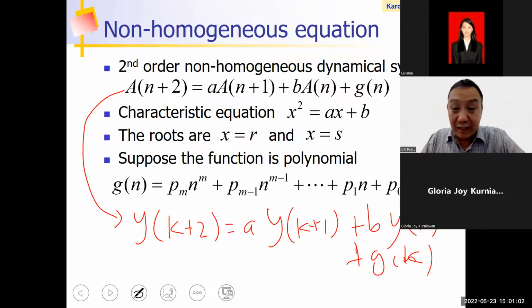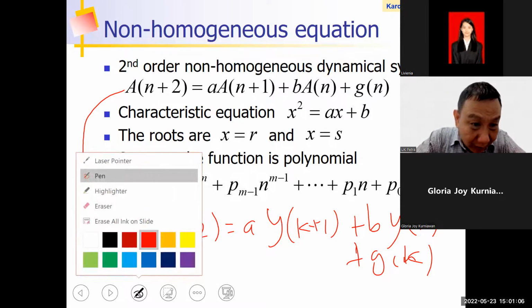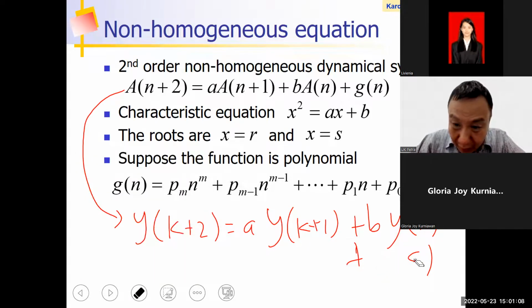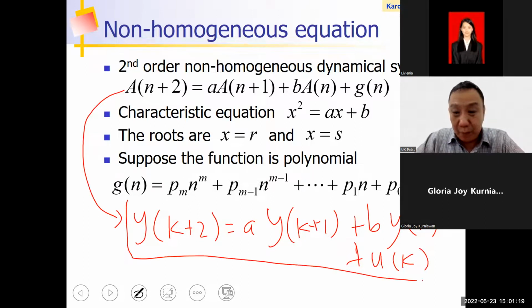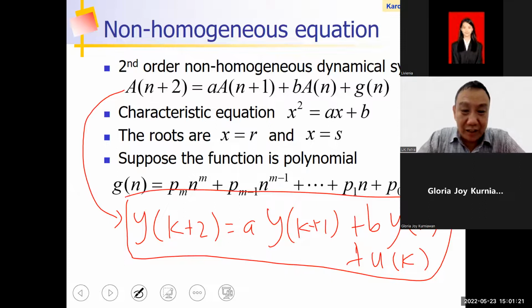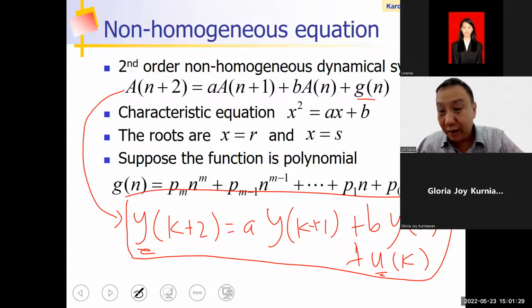Exactly the same, or in that case, I put it U, so I will put it as U k. In the next slide, I put exactly the same equation here. I just change the notation. Instead of A, I change it into Y. Instead of G n, I put it into U k. Is that clear now?